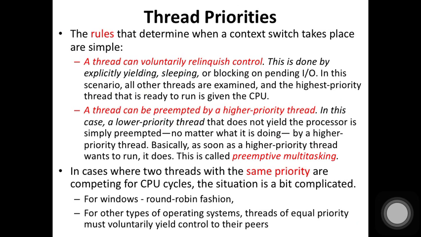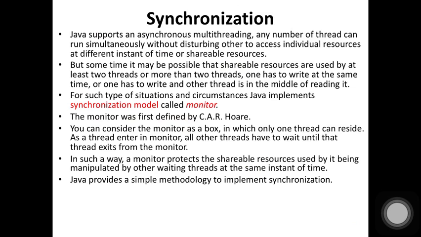Whenever two threads have the same priority, usually this is a somewhat complicated situation. Whenever you use the Windows operating system, such priorities are handled in a round robin fashion. And for any operating system other than Windows, it depends on threads voluntarily yielding control to their peers, depending on the situation.